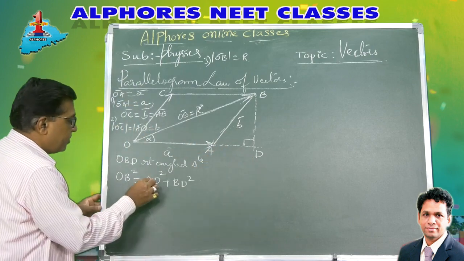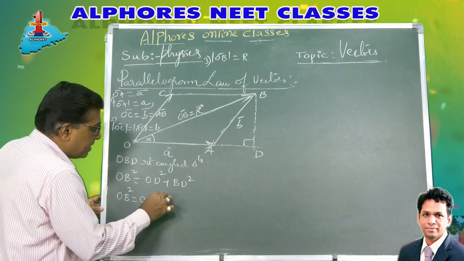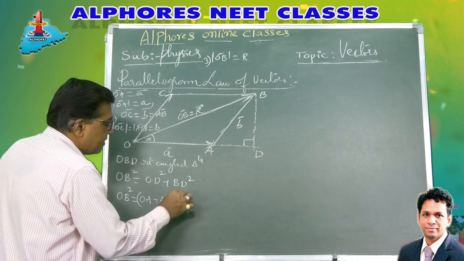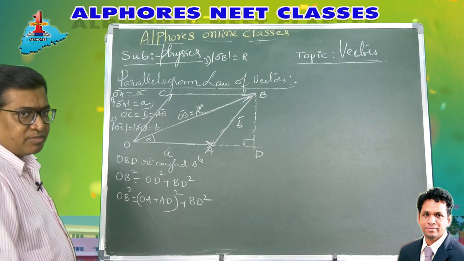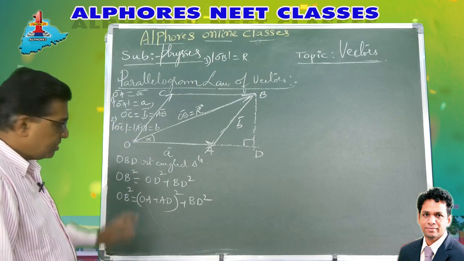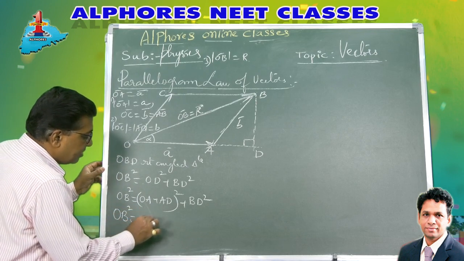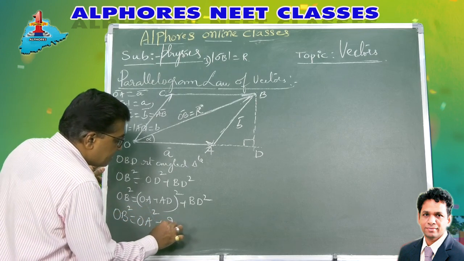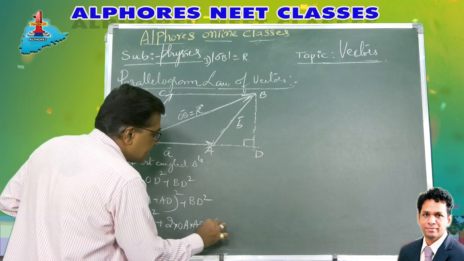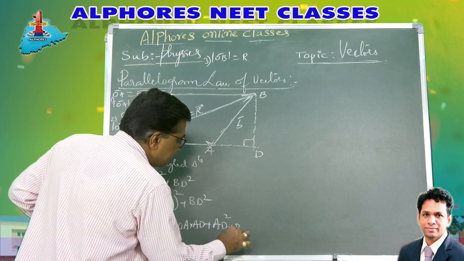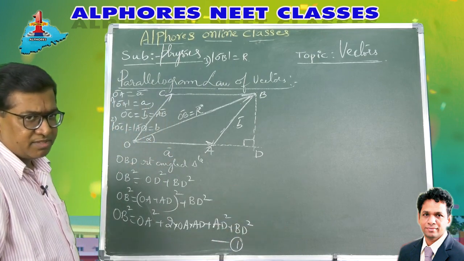So substituting, OB square is equal to OA plus AD whole square plus BD square. Now expanding the square, OB square is OA square plus 2 into OA into AD plus AD square plus BD square. So this is the first expression I have got, equation 1.